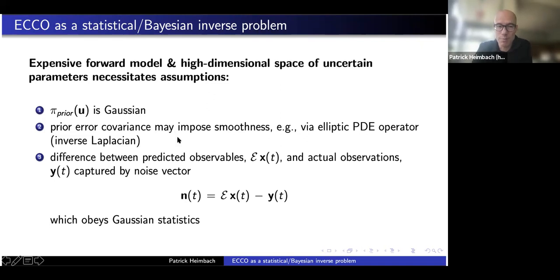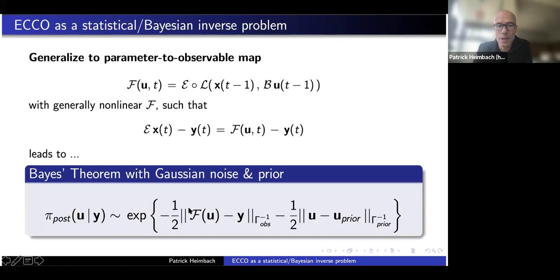We can put in a prior error covariance to impose smoothness on the solution. And then the noise operator, the difference between the predictable observables and the actual observations, we also assume to be Gaussian. And then, just for practical reasons, I will combine this nonlinear operator, which is the model and its projection onto the observed state, into this state to observable map here.